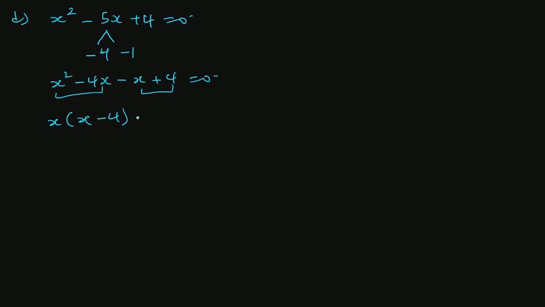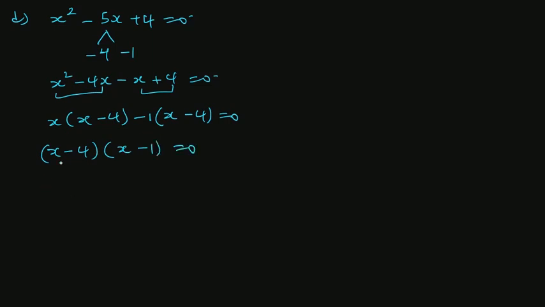So when I take out a negative 1, this will remain x, and this one will change to a minus 4. So that you see the brackets are the same. If they are the same, we take out the common bracket, which is x minus 4, times what remains here. It is x. What remains here is negative 1, equals 0.